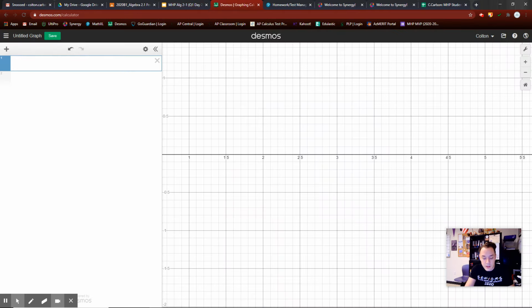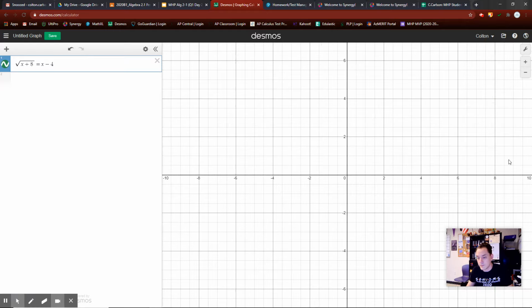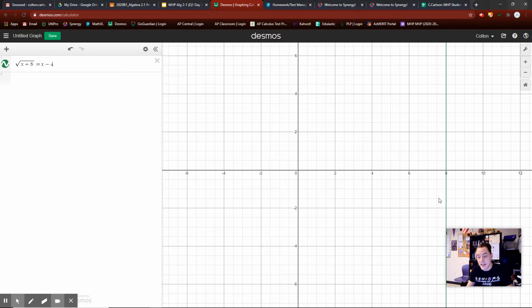So my original thing was square root of x plus 8 equal to x minus 4. So that's really what I had. If we zoom out here, I get that. Now, that's a random line. Of course, it hits 8. To see it a little more clearly as an actual radical, I need to subtract these over. So let's do square root of x plus 8.